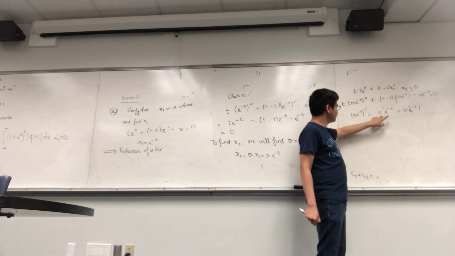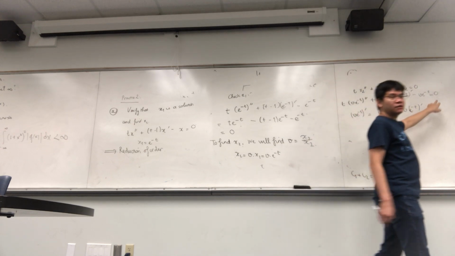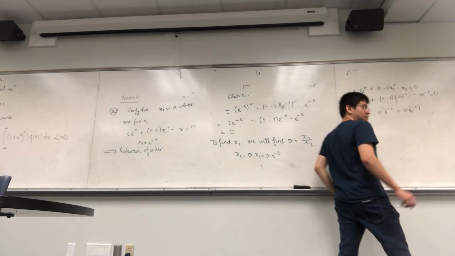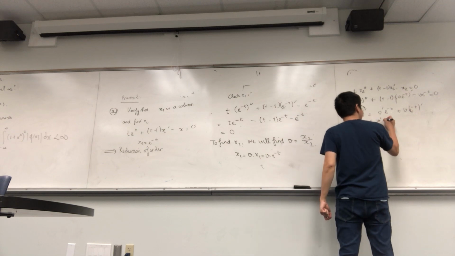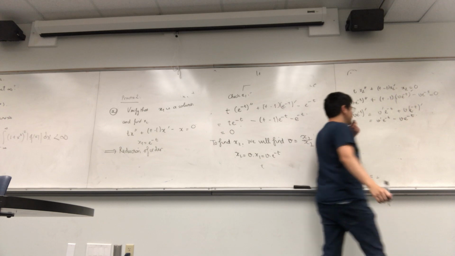You take the derivative of v times e to the power minus t, plus v times the derivative of e to the power minus t. Right, so you get v prime e to the power minus t minus v e to the power minus t.